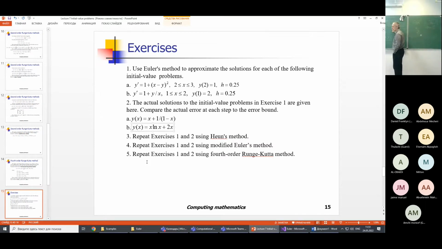What about the next point? Please substitute 1.25 here and compute the value of y of 1.25. And tell me the answer.